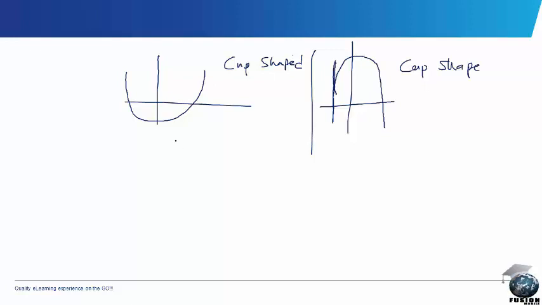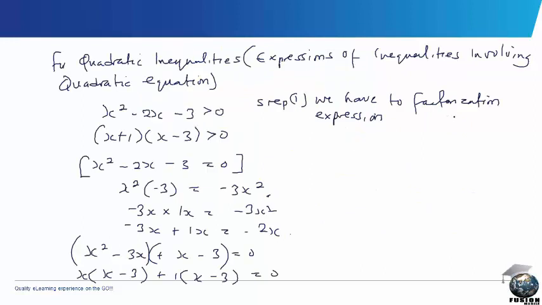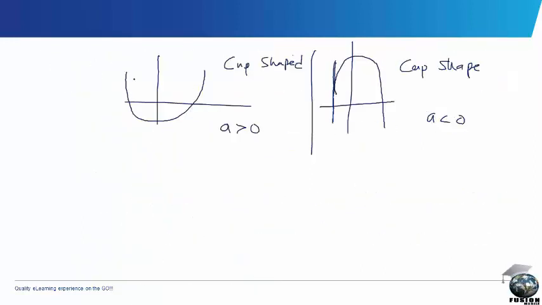So how do we find out whether it's cup shaped or cap shaped? We said that cup shape happens if a is greater than 0, and the cap shape happens when a is less than 0. Let's look at our quadratic expression: x squared minus 2x minus 3.